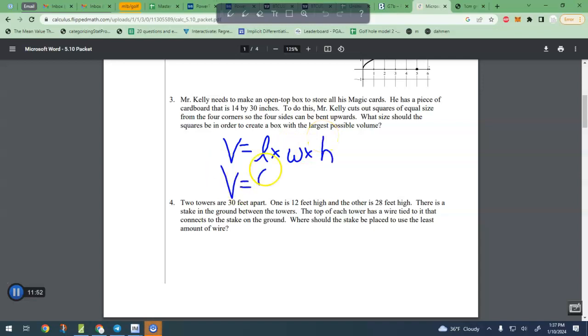Well, I need to write those all in the same variable. Let's look at how we do that. I've got a 14 by 30 sheet of cardboard. But then I cut out x from every corner.